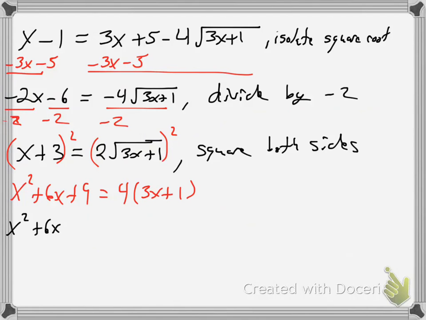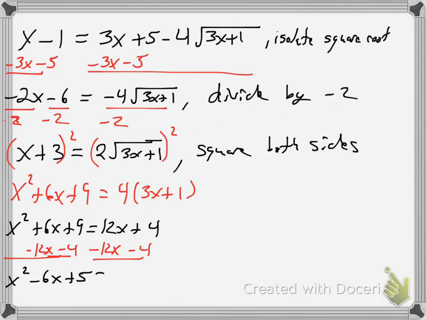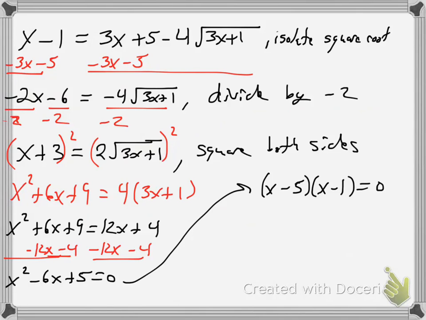We'll go ahead and distribute on the right side. And then we will move everything over to the left-hand side because it's a quadratic. And then we will cross our fingers and hope it factors, and thankfully it does. So we get x is equal to 5, or x is equal to 1.